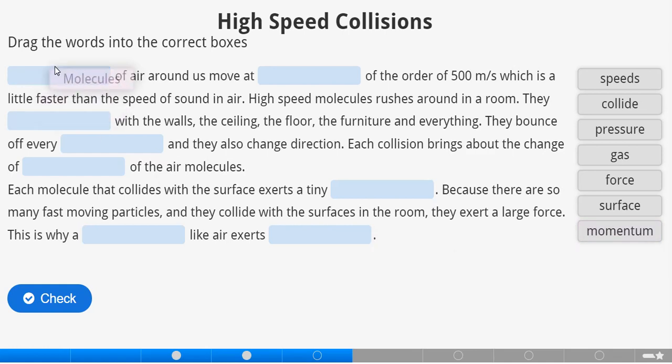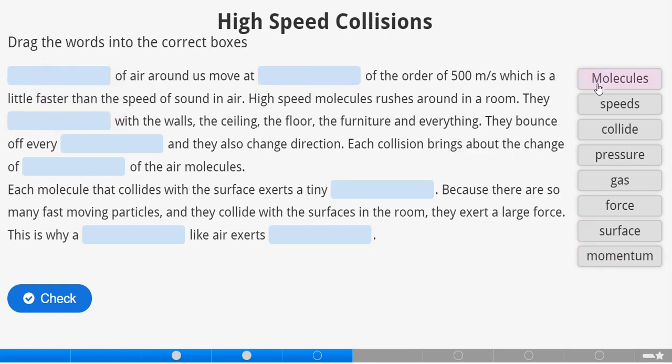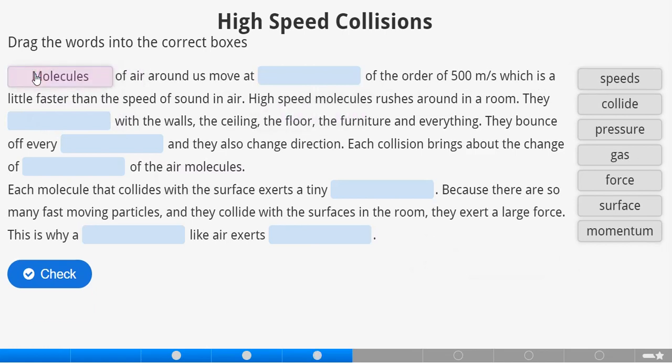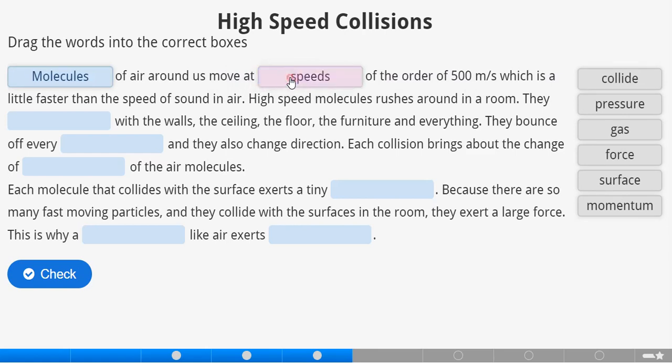Molecules of air around us move at speeds of the order of 500 meters per second, which is a little faster than the speed of sound in air. High-speed molecules rush around in a room.